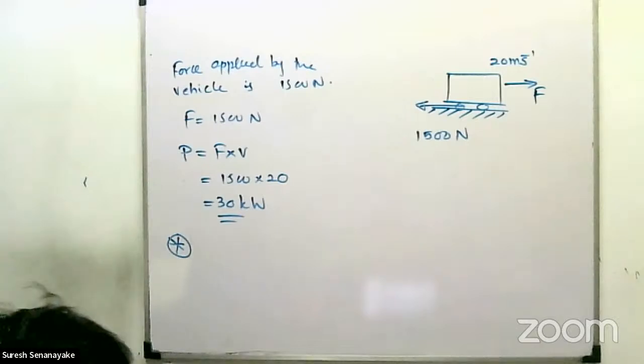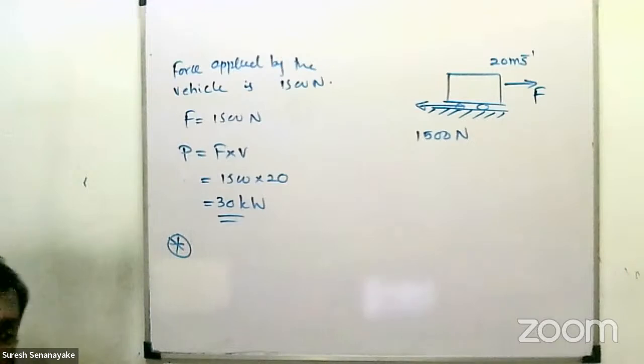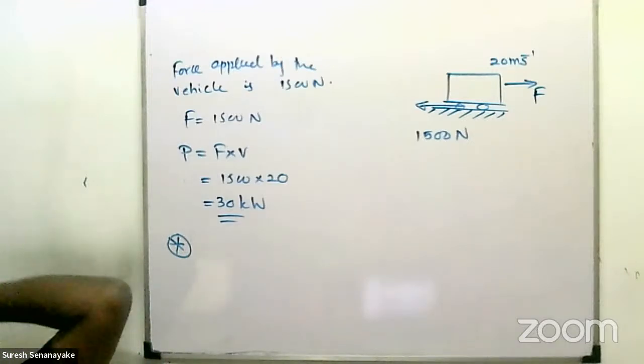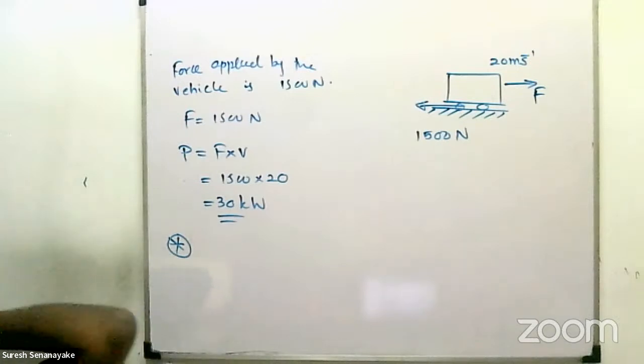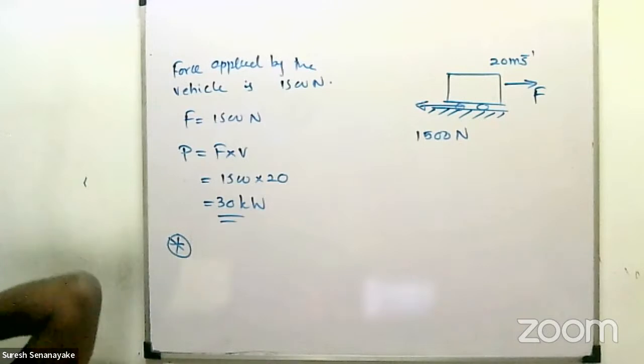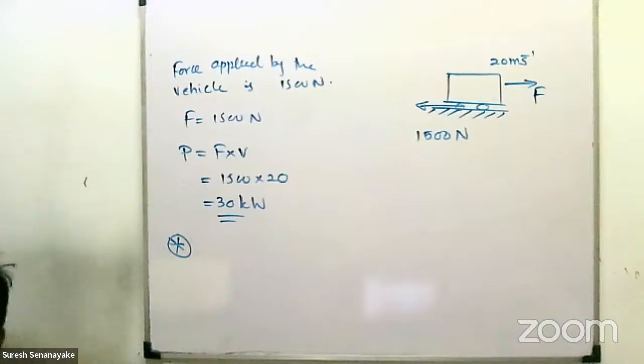When the velocity of the vehicle is 10 meters per second, find the power of the vehicle.